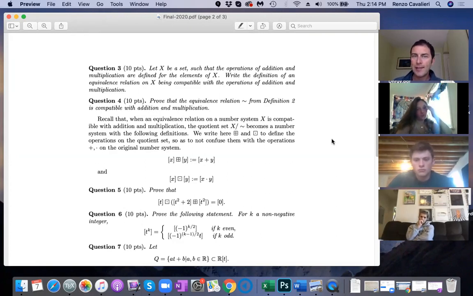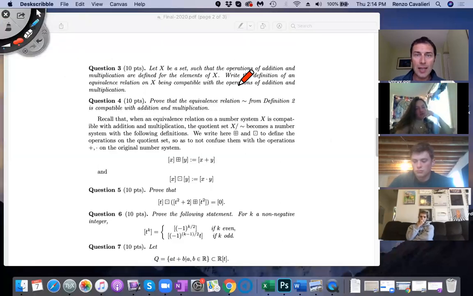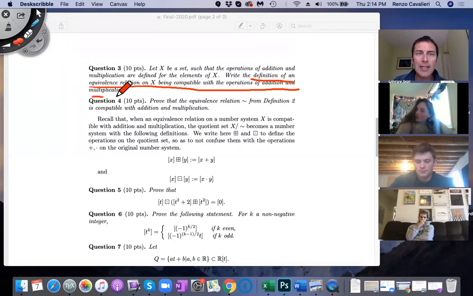So will this be a definition that we defined or a definition that was within the book, or is it something we'll have to define? No, the definition of an equivalence relation being compatible with addition and multiplication is something that we've talked about in Unit 9. This is not something that you have to invent.